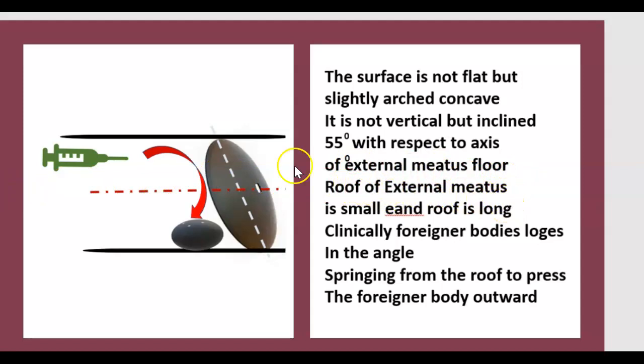The roof of the external meatus is short, and the floor is long. Clinically, a foreign body can be lodged in the angle. Syringing is done from the roof to press the foreign body outward.